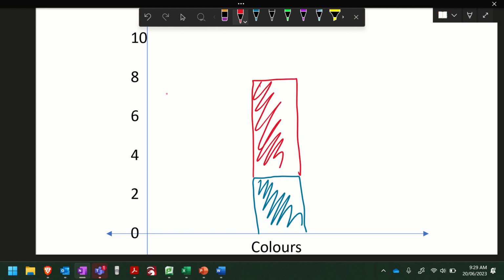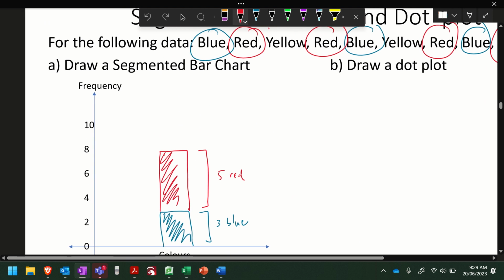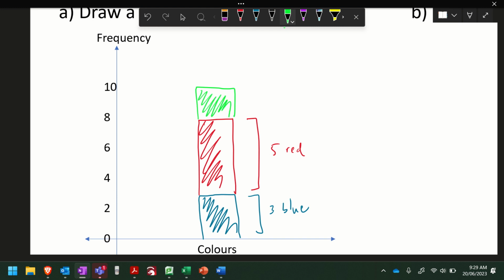See here, according to this, you've got 3 blue. According to this, you've got 5 red. And then what's the remainder, guys? 2 yellows. So that means on our bar, if we're up to 8, we need to draw a bar up to 10 now because that's 2 spots. So right there, you've got 2 green. Oh, sorry, yellow. My bad.